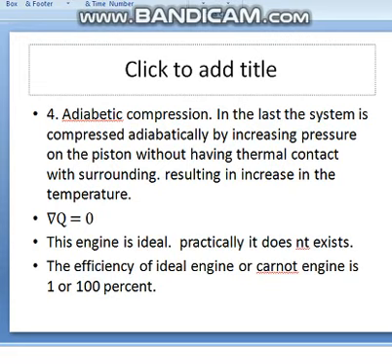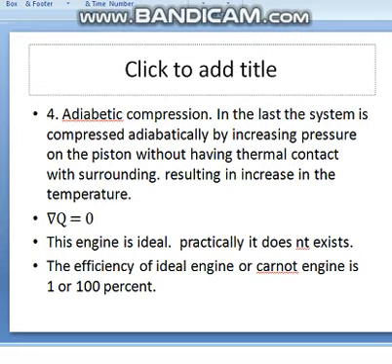Adiabatic compression. Now in the last case, the system is isolated from the surroundings, and then the pressure on the piston is increased, so it is compressed adiabatically.